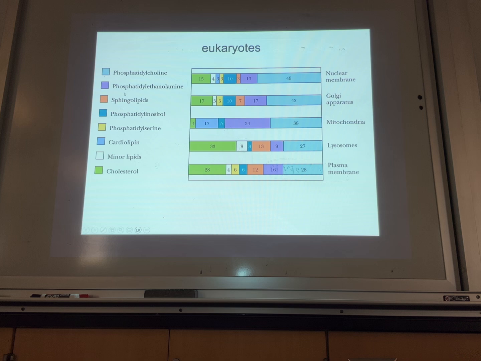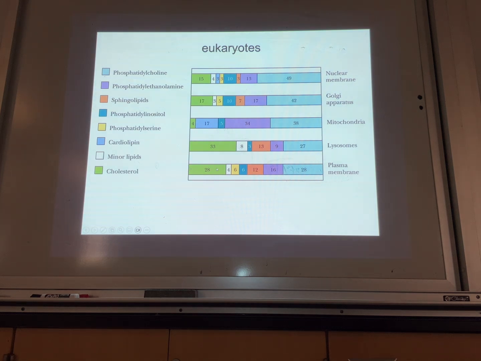All of these are different types of phospholipids, and you can see that each of the membranes here, nuclear membrane, plasma membrane, lysosomal membrane, mitochondrial membrane, Golgi membrane, have different compositions. Most of them contain a lot of phosphatidylcholine. We can see the nuclear membrane contains the most, and the plasma membrane contains the least.